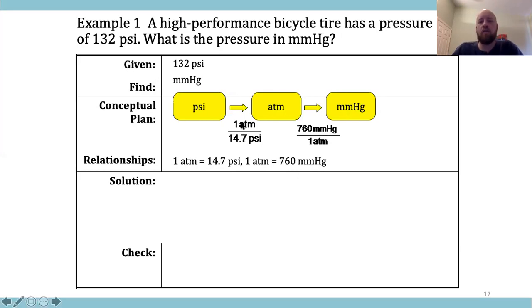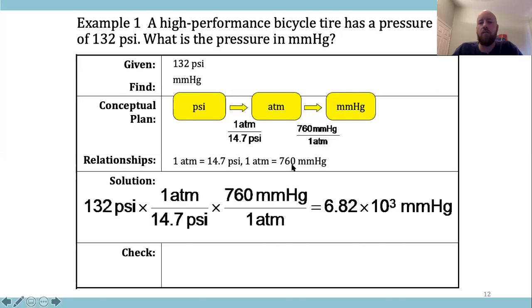Starting with the information we're given, the PSI, there's 14.7 PSI in 1 ATM, and in 1 ATM there's 760 millimeters of mercury. That gives us our unit in millimeters of mercury. Setting everything up opposite cancels out those units, leaving just the unit I was looking for.